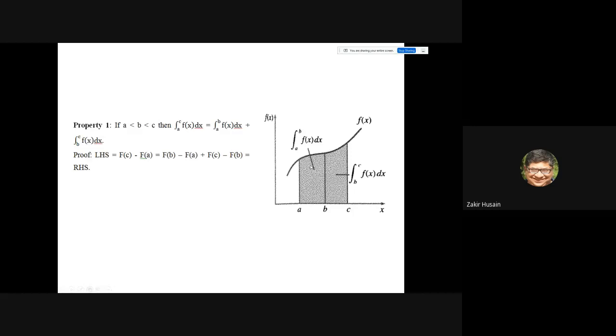This entire area can be expressed as A to B plus B to C. It's obvious, but still the proof.